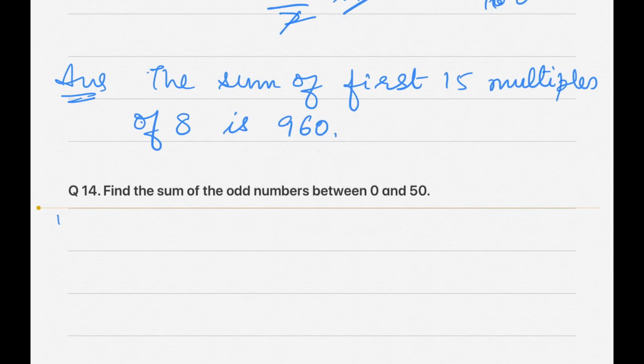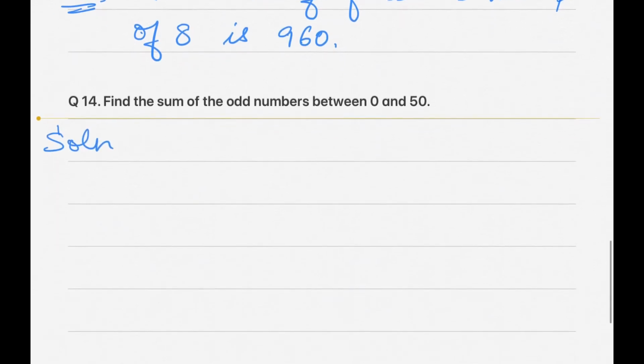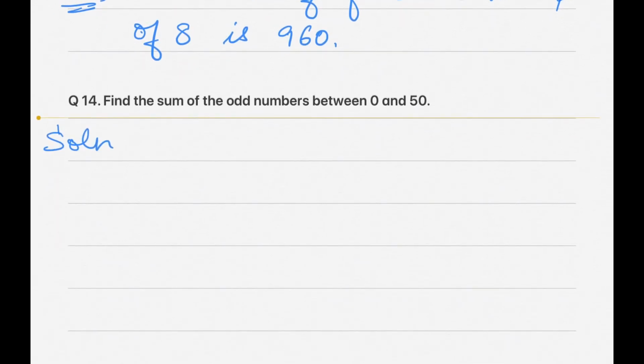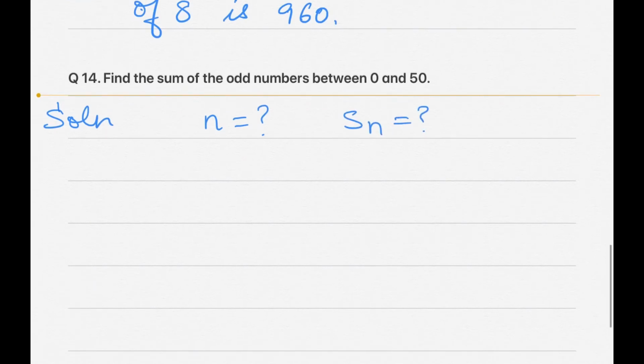Okay, so now let's see. This says the sum of odd numbers between 0 and 50. So we don't know n. We have to find n, right? And we have to find the sum of n terms also. What is given to me? What will be the first odd number after 0, right?